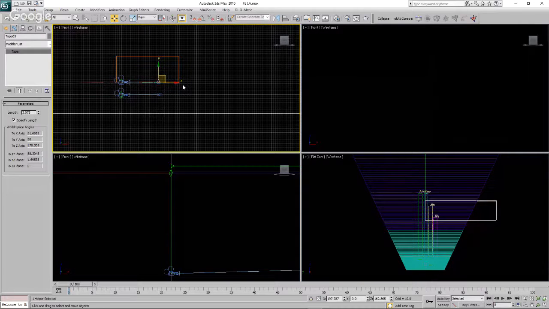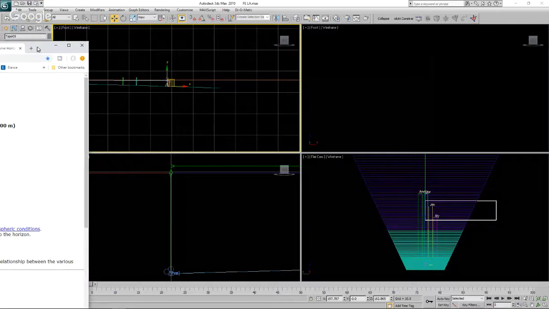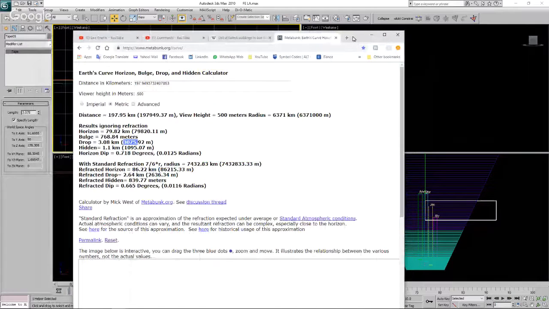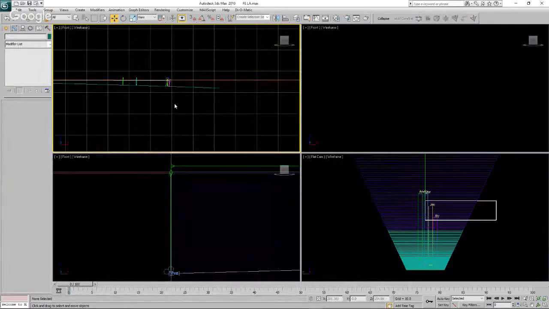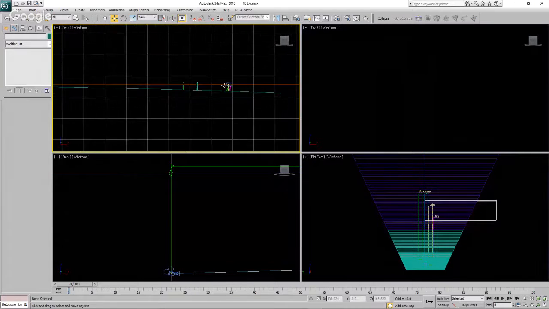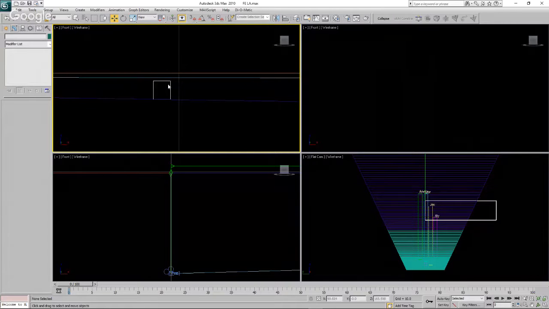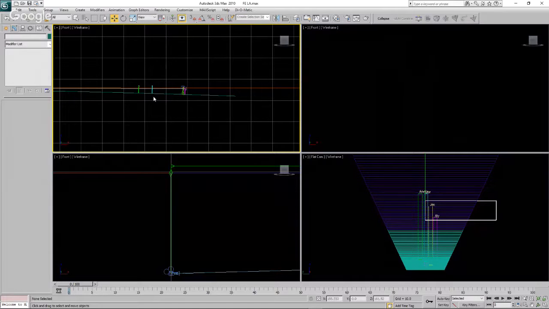So anyway, guys, all the measurements work out, and thanks to Pete, I also checked it out on Metabunk on this one as well. So it works just fine. Even if you had your eye at the water line, you would still see over San Juan Hill, because that's what this orange line is now.